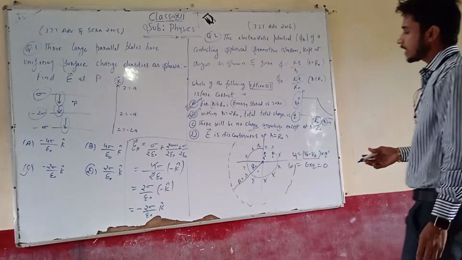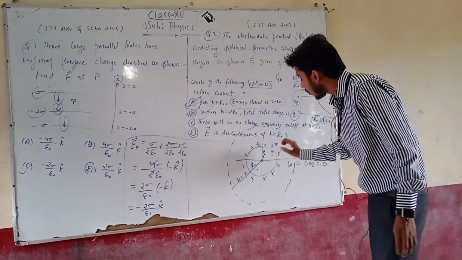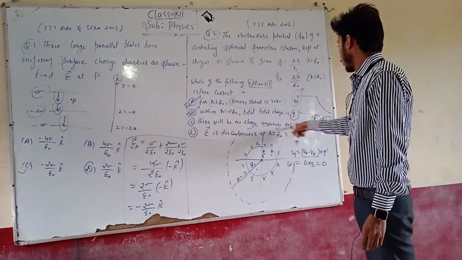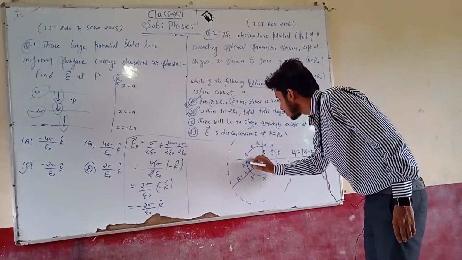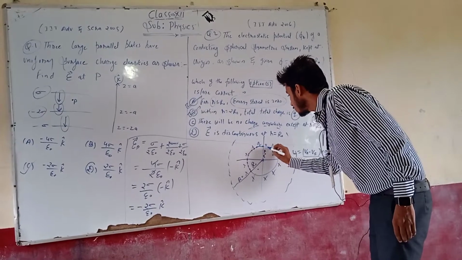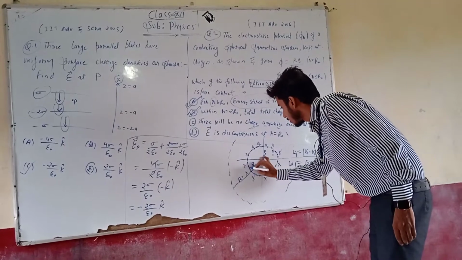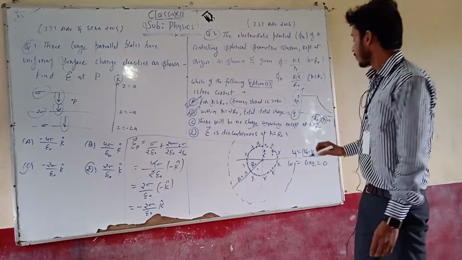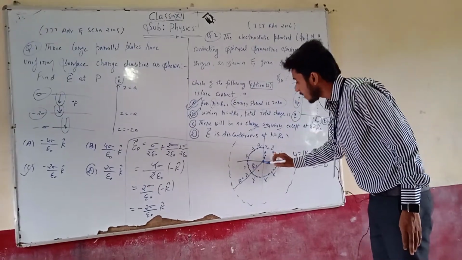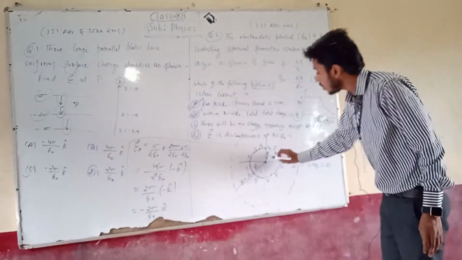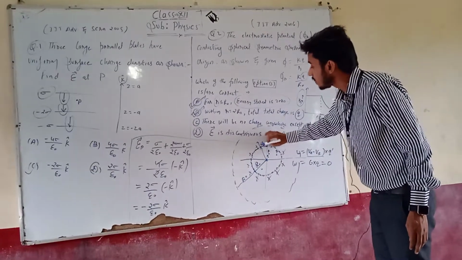Now discussing the next option. There will be no charge anywhere except at r is equal to r naught. They are saying that all the charge is somewhere here on the curvature of this sphere and not anywhere except this. Yes, this is the correct thing they have put, because no matter what amount of charge we give to this conducting spherical cell, all the charge will reside on its outer surface and will not leave its surface.